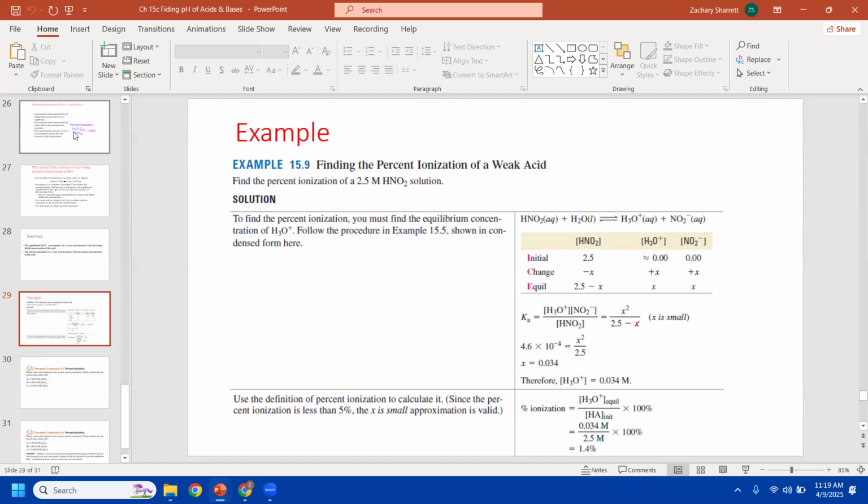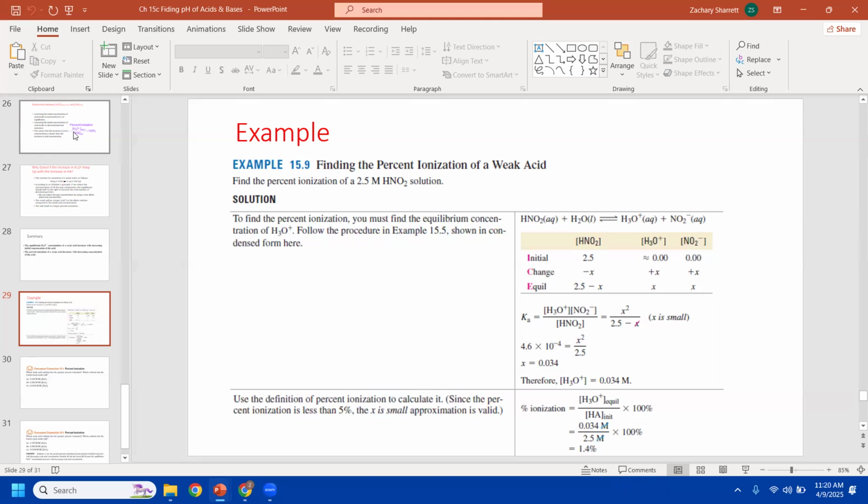Any questions on that? So I think there's a couple questions on this. If I was trying to find the pH of this acid, which would be something we have to do on the exam, what would we have to do for this? Jackson? So we go back to the results of our table.